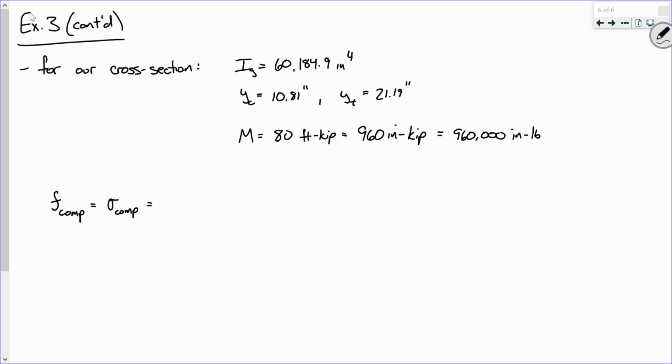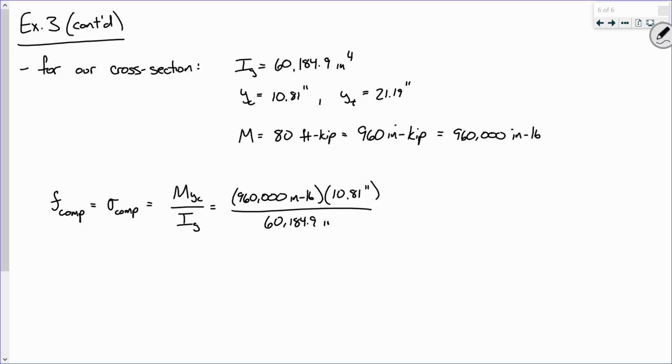But the compressive stress is just M y over I. So 960,000 inch-pounds times 10.81 inches divided by 184.9 inches to the fourth.